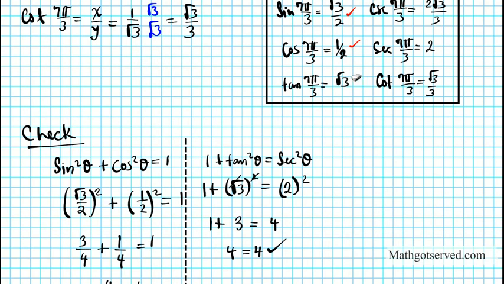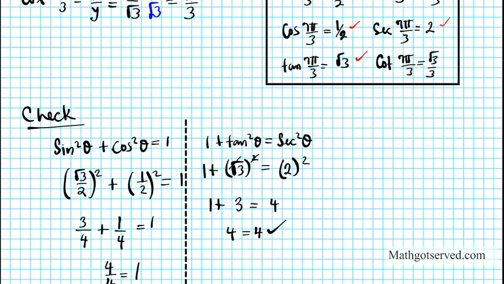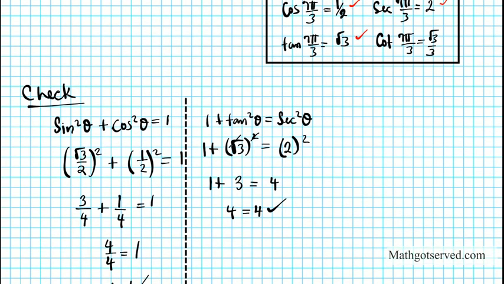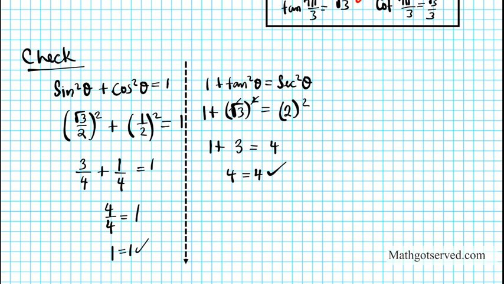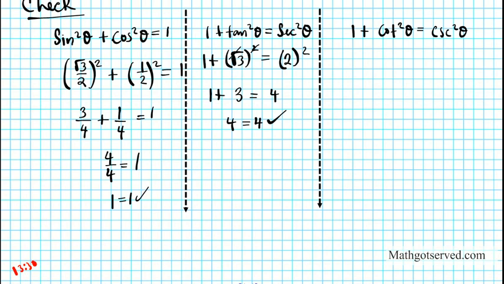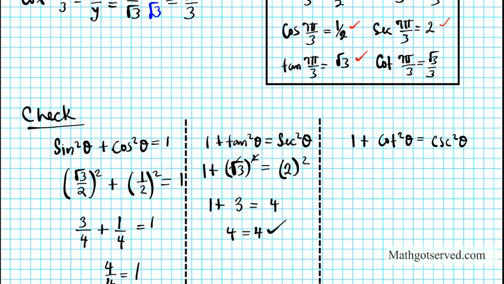So you're feeling confident now because we've checked off 4. We just need 2 more, and then we're confident that our answer is correct. So the last Pythagorean identity I'm going to implement here to check is, all right, 1 plus cotangent, which is root 3 over 3, squared.